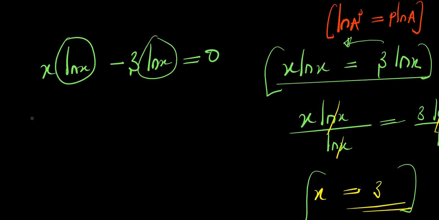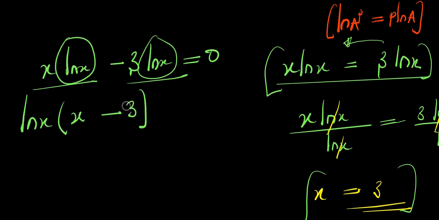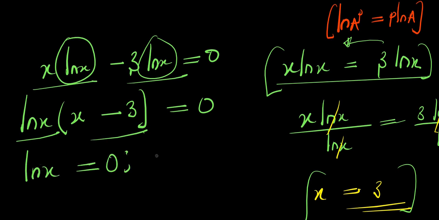We factor it out. I have natural log x times, if you divide this by natural log x, you have x, minus, divide this by natural log x, you have 3, equals 0. So right now, I can equate each of these to 0. I have natural log x equals 0. I have x minus 3 equals 0.